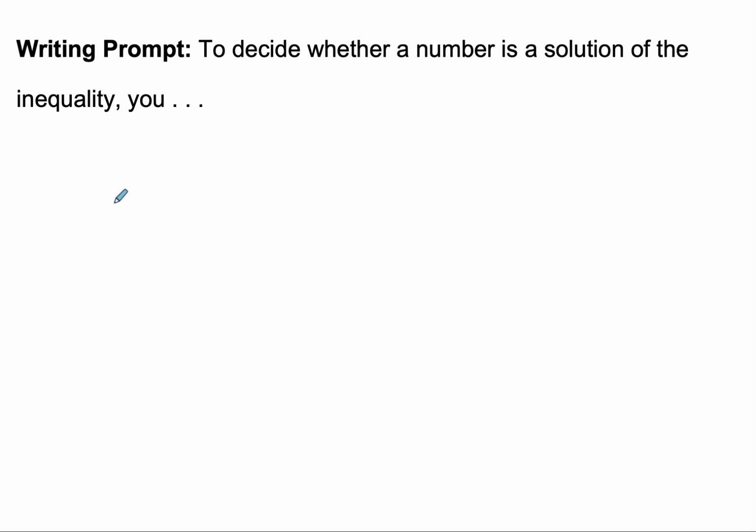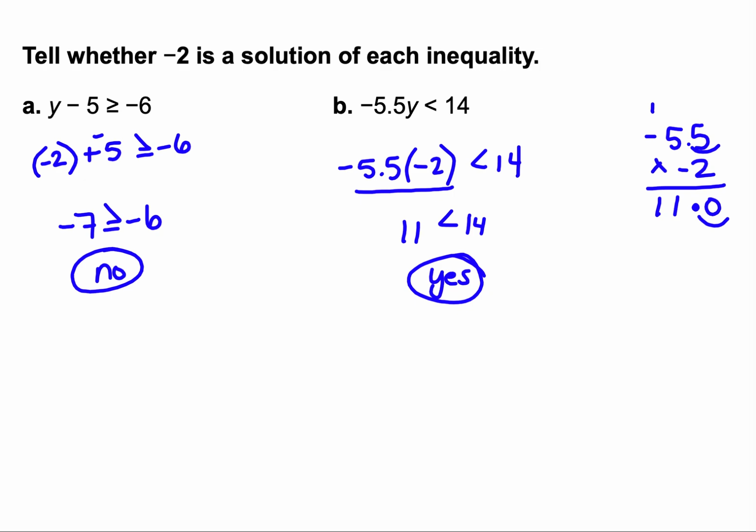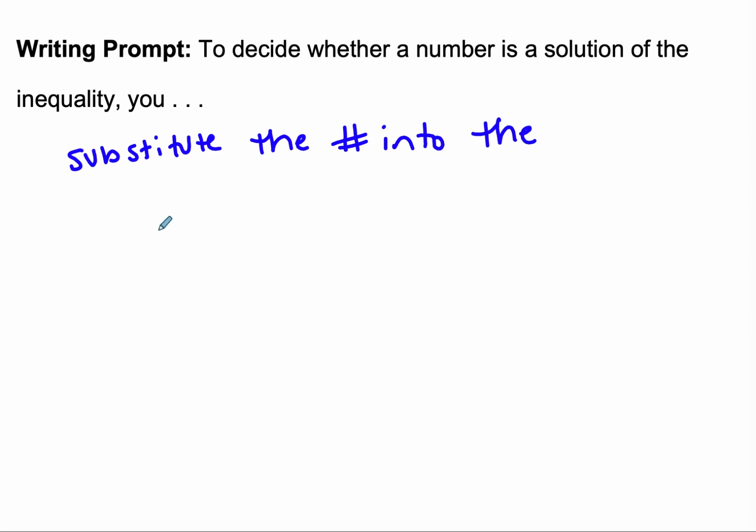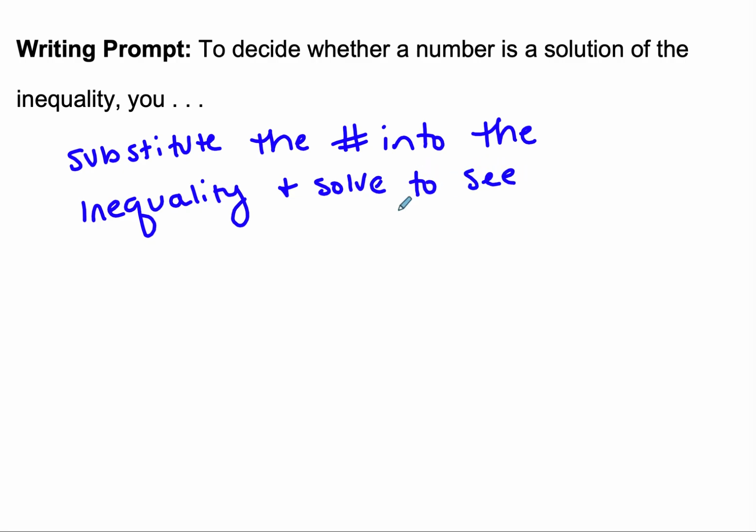To decide whether a number is a solution of the inequality, that's like these problems right here, what do you do? You substitute the number into the inequality and solve to see if it's true.